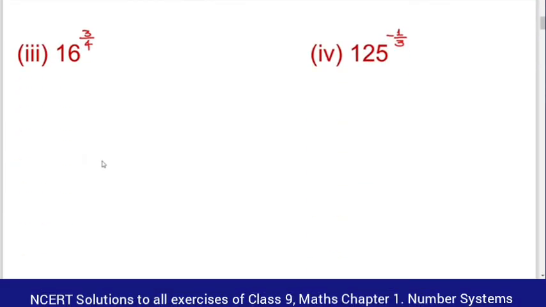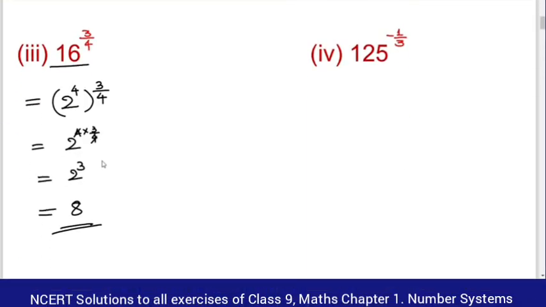Now third one 16 to the power 3 by 4. This 16 can be written as 2 to the power 4 whole raised to 3 by 4. Now 2 to the power 4 into 3 by 4. 4 gets cancelled. Then 2 to the power 3, which is equal to 8.